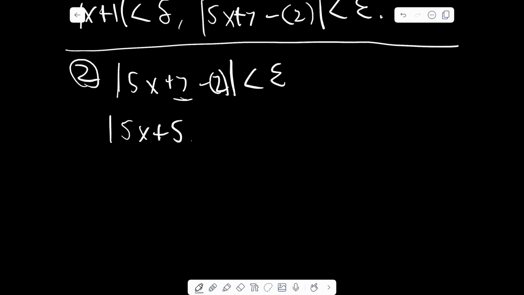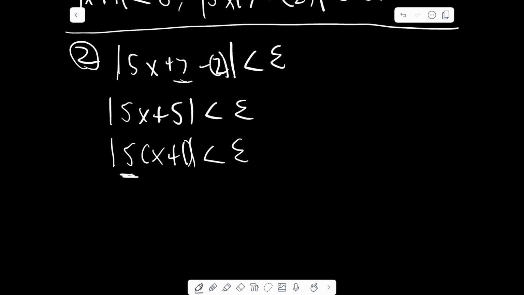So we get 5x plus 5, the absolute value of that, is less than epsilon. And then we can factor out a 5. So we have 5 times x plus 1, all in absolute value, is less than epsilon. Then because the 5 is outside of the parentheses but still inside the absolute value, we can take it outside of the absolute value, and then we're left with 5 times the absolute value of x plus 1 is less than epsilon.